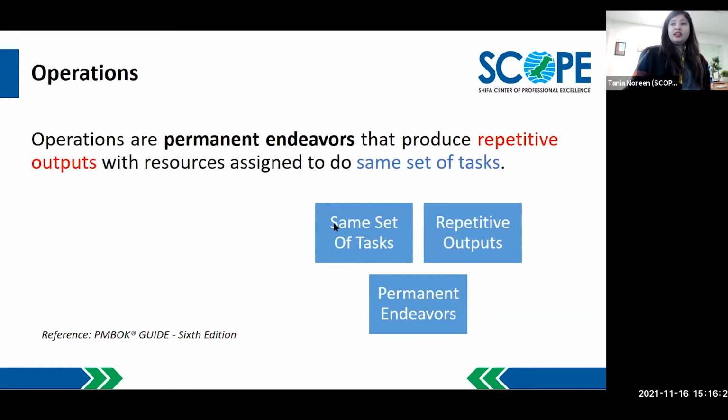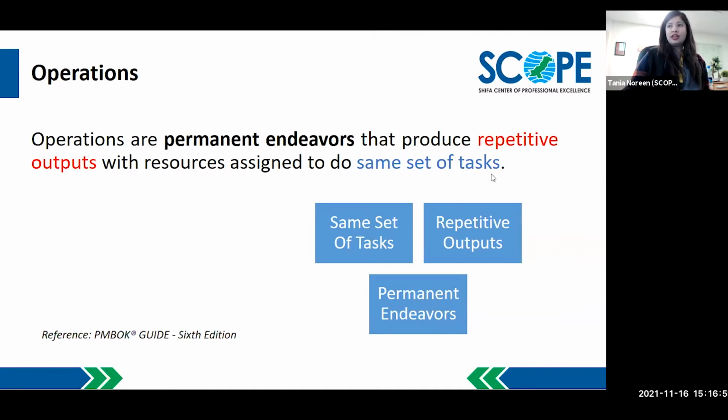The main thing in this definition is permanent endeavors. Operations are repetitive in nature. The outputs produced from them are repetitive, and the tasks which human resources are doing are the same set of tasks.